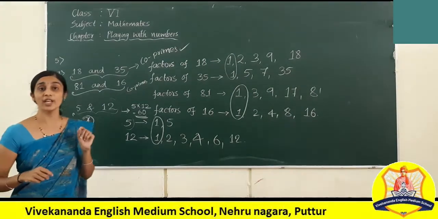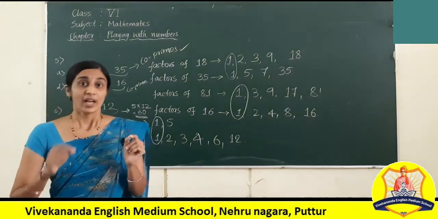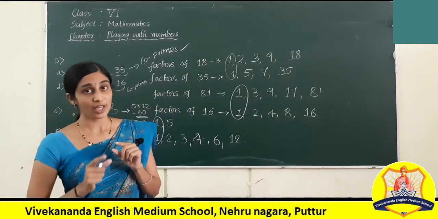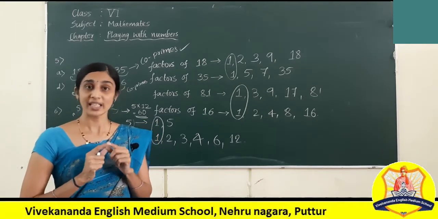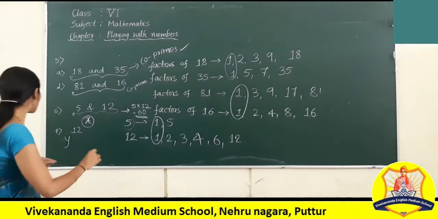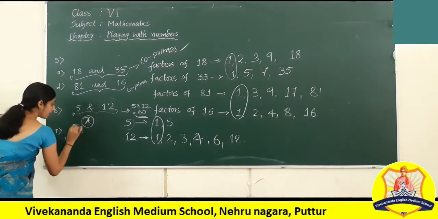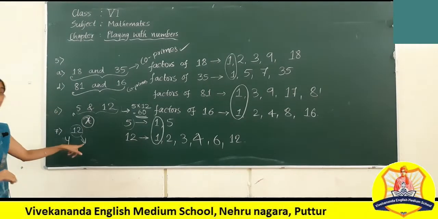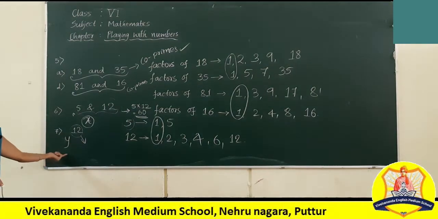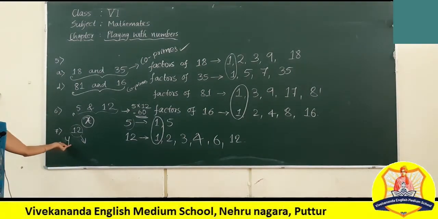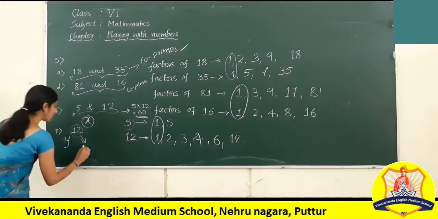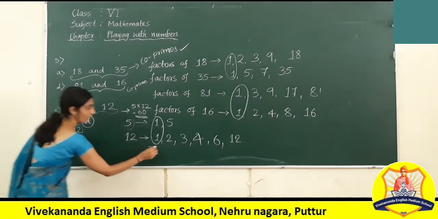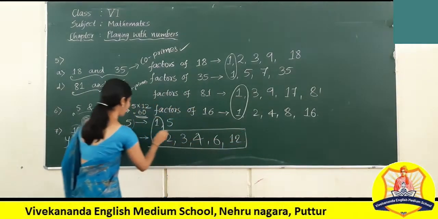If a particular number is divisible by a certain number, then the factors of that other number also divide the given number, right? So which are the factors of 12 now? Okay, already we have listed here, right?